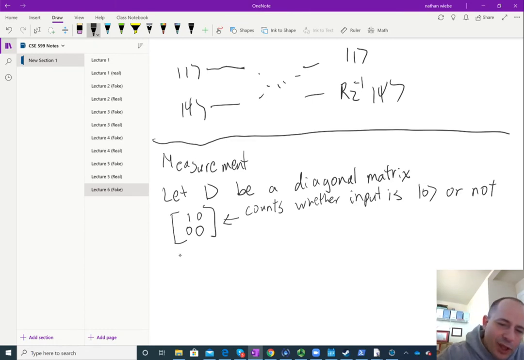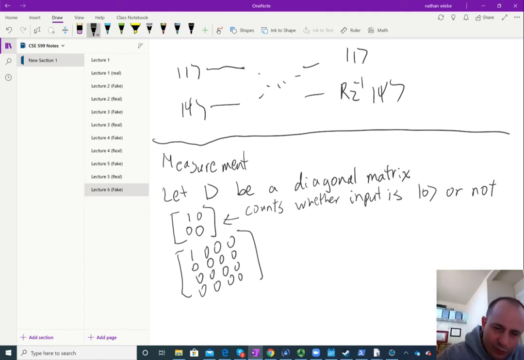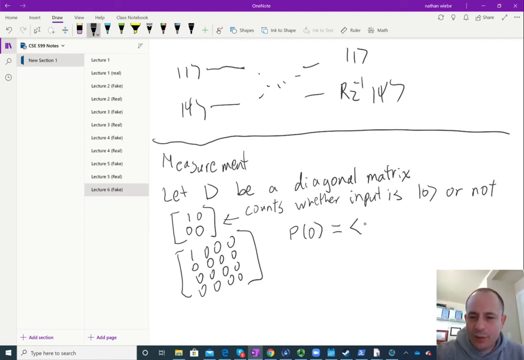Similarly, we could do this in higher dimensions. If we did this for 2 qubits, the analogous operation would be that. So, just like we did before, the probability of 0 for a given quantum state is equal to psi D psi in this particular case.